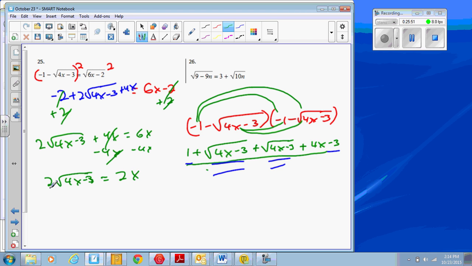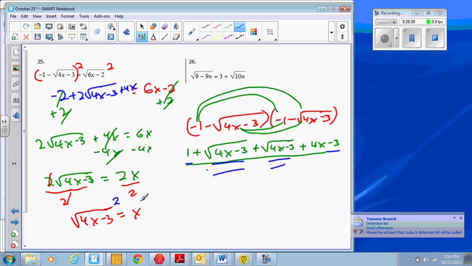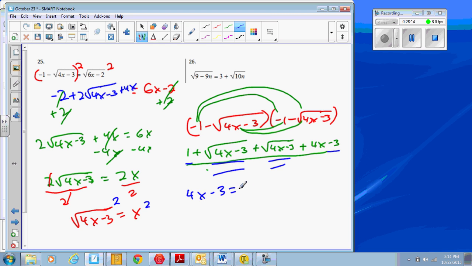Next thing I would do is divide by 2. These are going to cancel, and I have the square root of 4x minus 3 equals x. And now it's become an easier problem. Still not super easy, but easier. I square both sides here, and that's going to give me 4x minus 3 equals x squared, which is another quadratic, and I have to solve that.